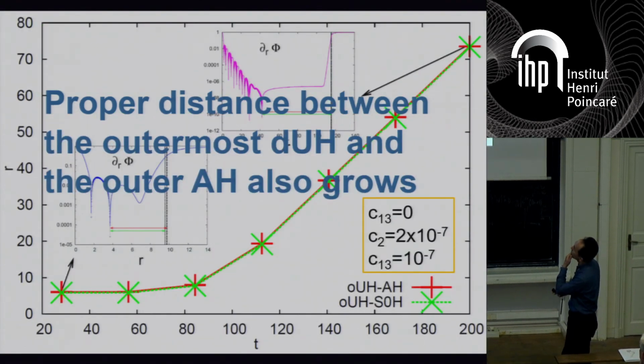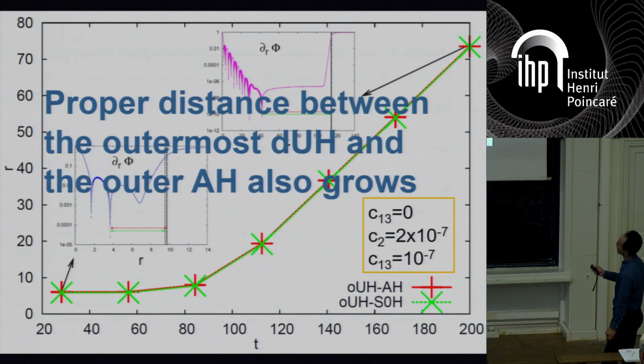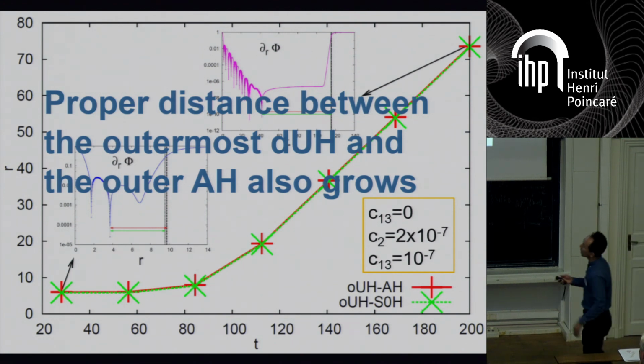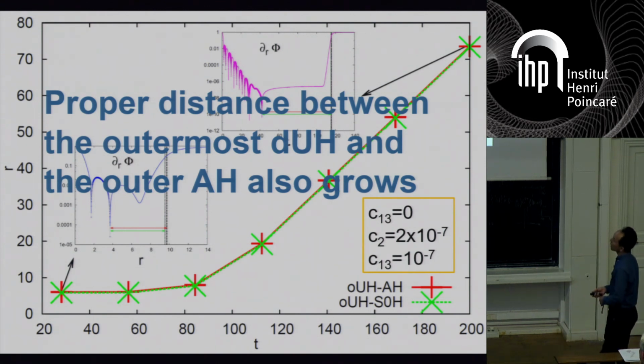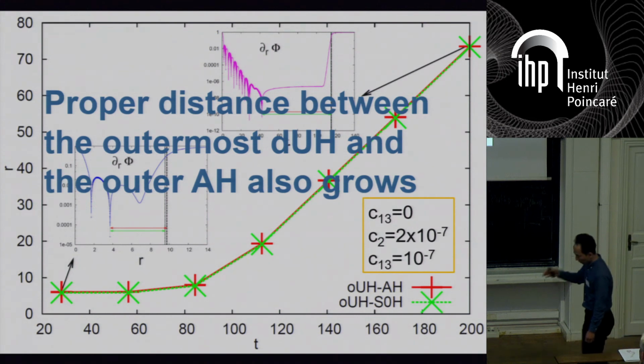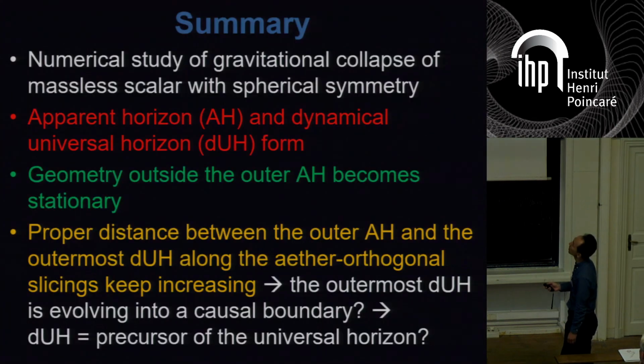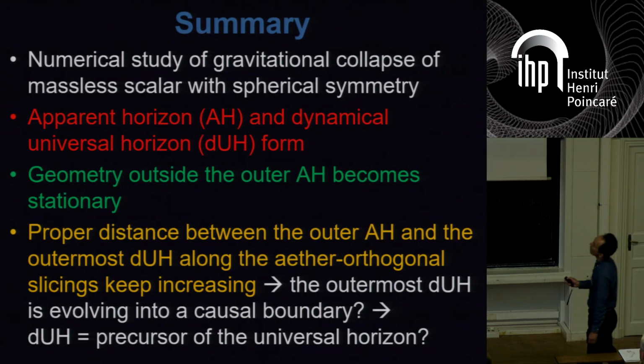What is interesting is that the proper distance between the outermost dynamical universal horizon and the outer apparent horizon also grows. So this dynamical universal horizon seems to be approaching a kind of causal boundary, so it is difficult to penetrate. Anyway, we performed a numerical study of gravitational collapse of a massless scalar with spherical symmetry.